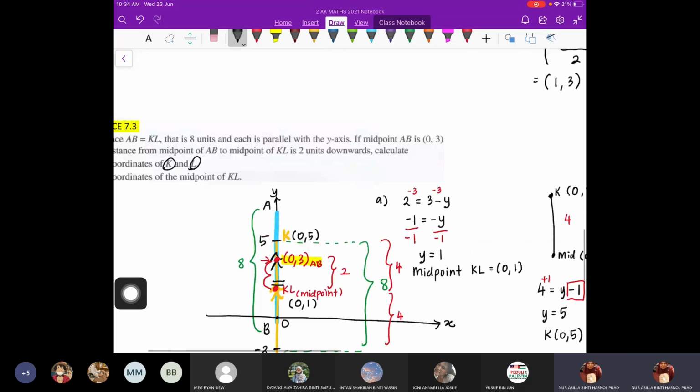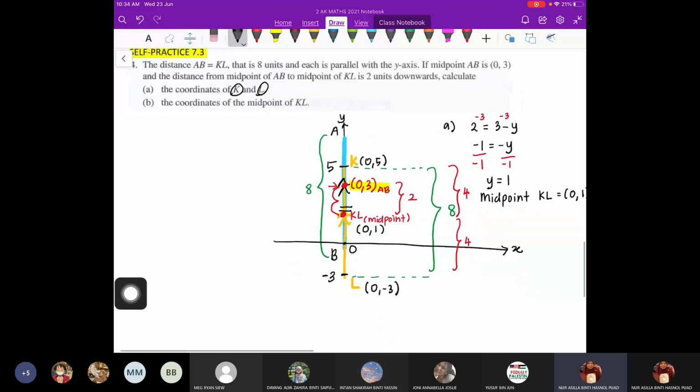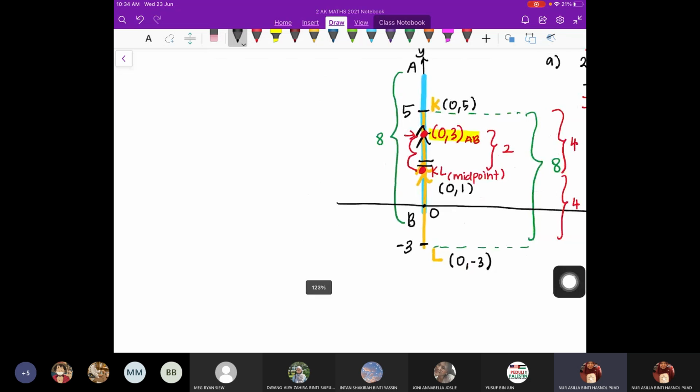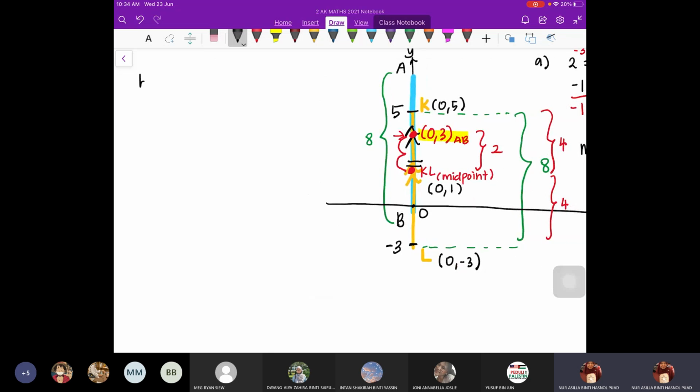Okay. So let's look at question B. Calculate the coordinates of the midpoint of K dan L. Okay. So senanglah. B lebih senang daripada A. K, teacher dah tahu 0, 5. L is 0, negative 3.